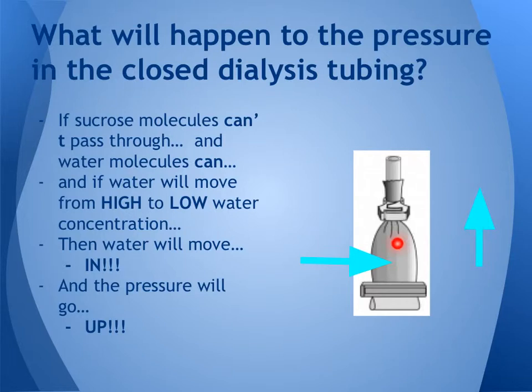All of the sugar molecules that you started with should stay in that tubing. Why? They can't fit through to go back out of the tubing. So they must stay in the tubing. And where are the water molecules going to move? The water molecules are going to move in. So you're actually going to be packing more molecules into that dialysis tubing, and the gas pressure sensor is going to record that as an increase in the gas pressure.